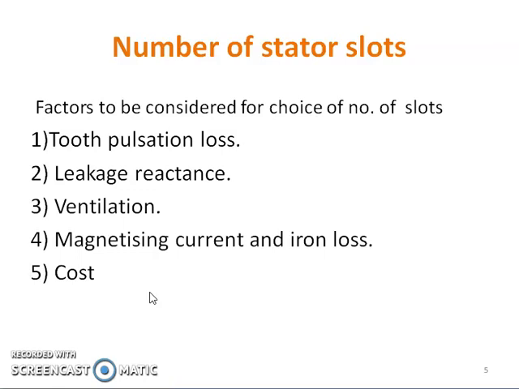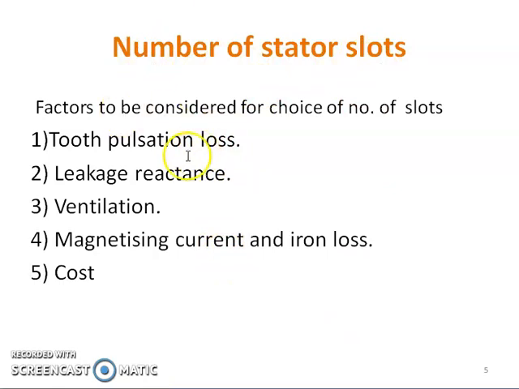As I told, in the design of an induction motor, there are no definite rules to guide the designer in selecting the number of slots. However, some important factors serve as guidelines. They are tooth pulsation loss, leakage reactance, ventilation, magnetizing current and iron loss, and cost. These factors are taken as guidelines to decide the number of stator slots.